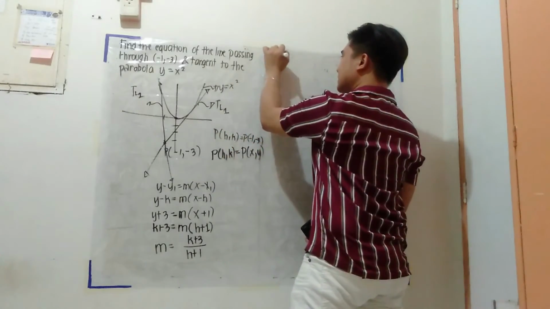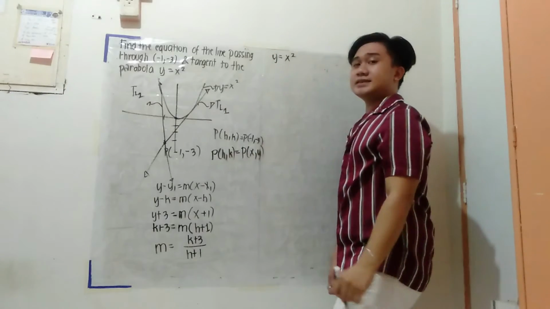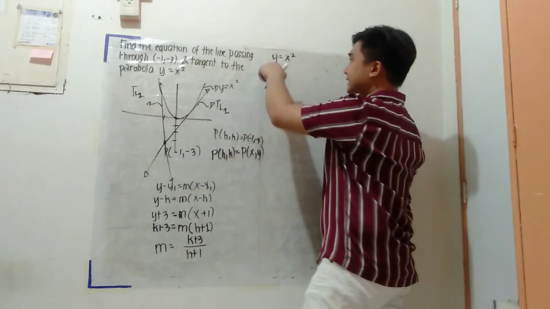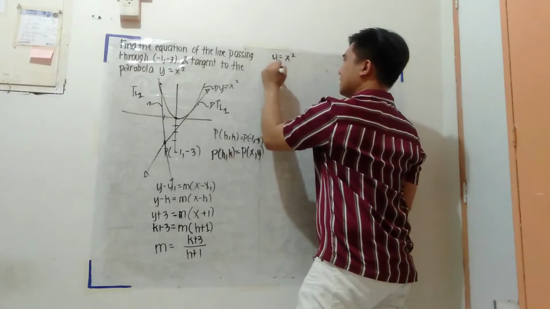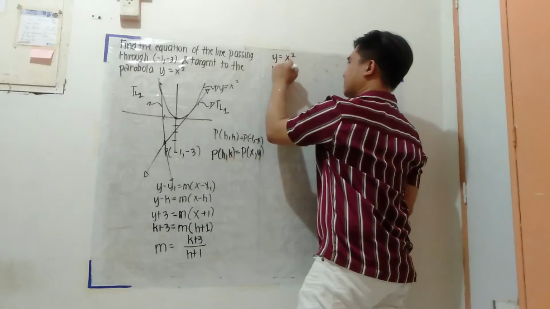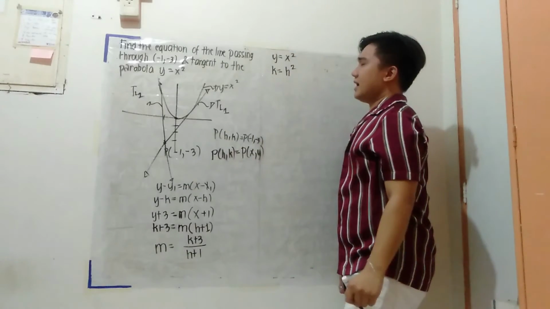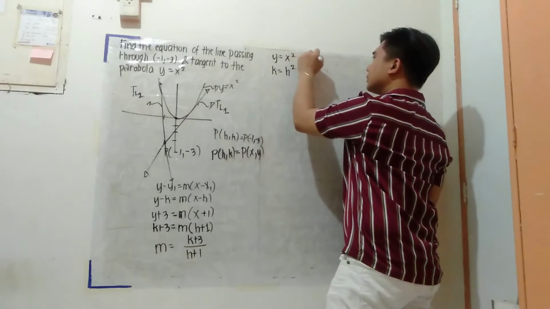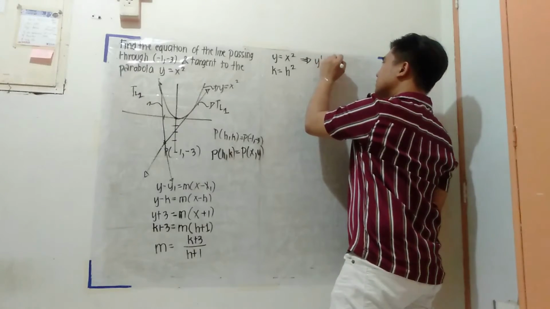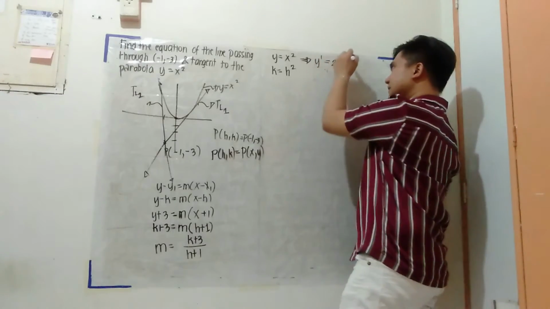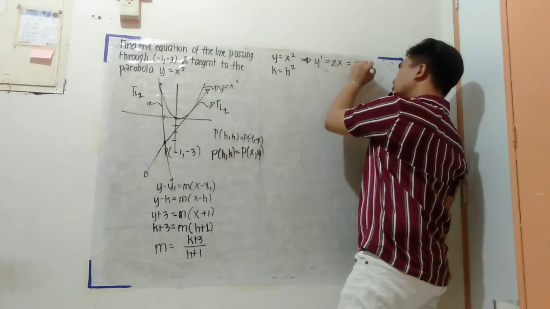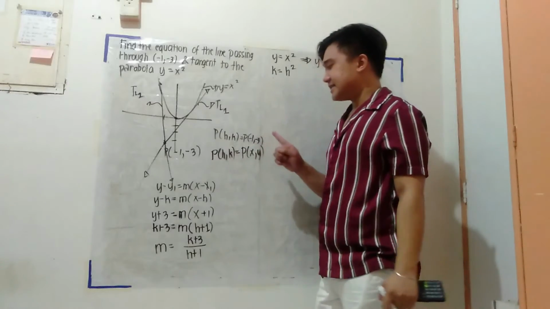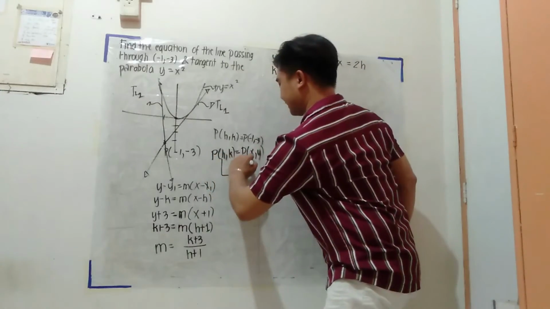Given that y is equal to x squared, this is the equation of your parabola. We can say that y is k, h is x. So, k is equal to x squared. Okay? And then kung i-differentiate ko to, y prime is equal to 2x or simply equal po yan sa 2h. Bakit nga po? Kasi si h ay si x at si k ay si y. Do not forget.